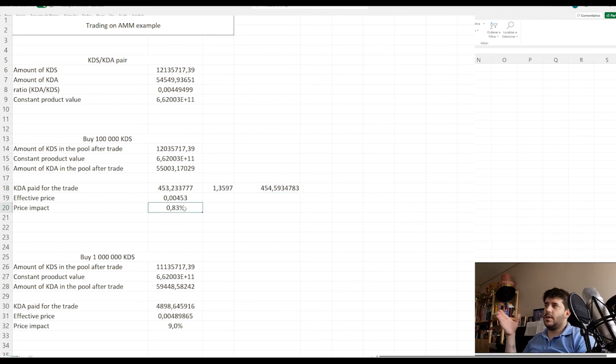Now, how much different is this from the initial ratio that you were given? Well, it states here 0.83%, but you can actually just do 100,000 times this price, and you can do the fee again, and you can see that you're paying like 4.5 more.